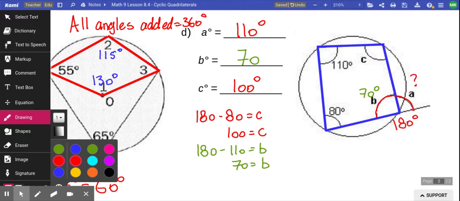That means this missing angle on the other side of 70 should add to be 180. So if we did 180 and we subtracted 70, we get 110 degrees, which is the same answer that we got before using our exterior-interior rule. But I like using that 180 rule with straight lines. So you're probably going to see me use that a few more times.